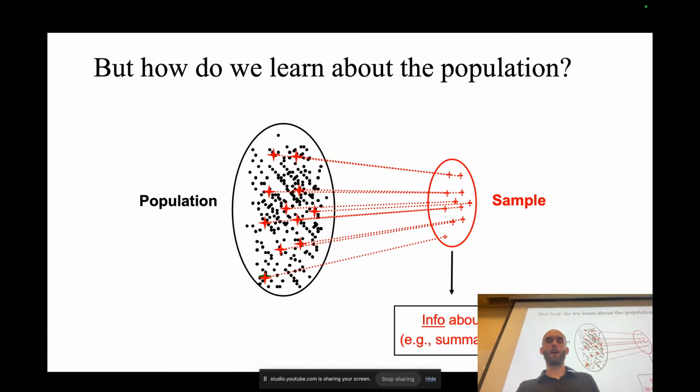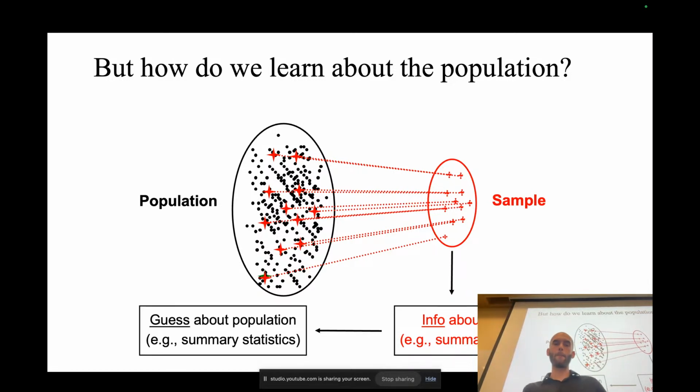So this is our classic picture. We have the sample, we have information about the sample: the standard deviation of the sample, and the X bar, the sample mean. And then what we're trying to do is give some confidence, some estimate of the population.